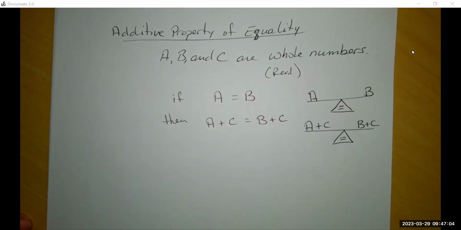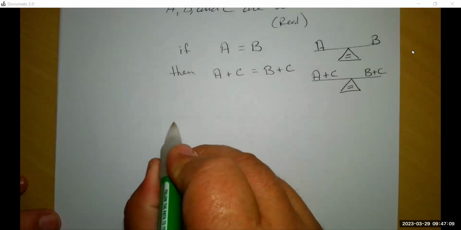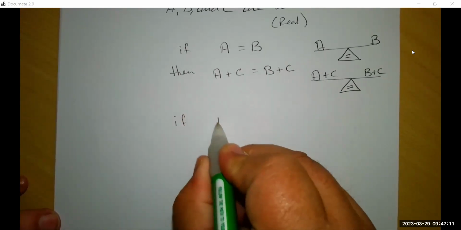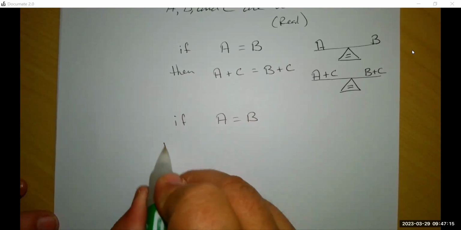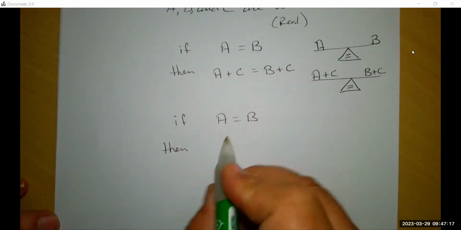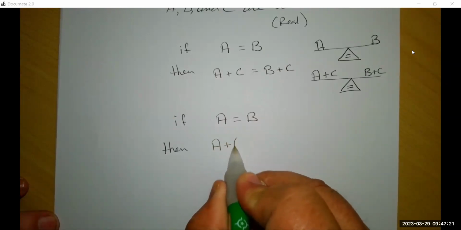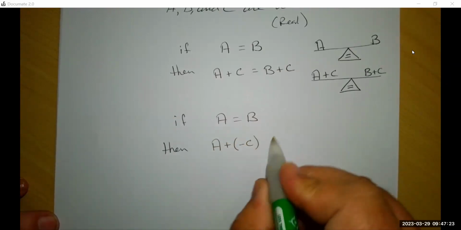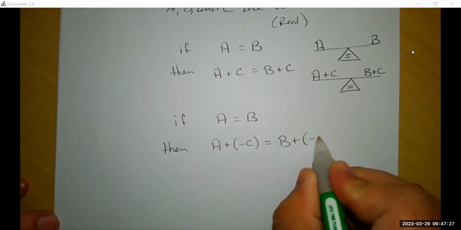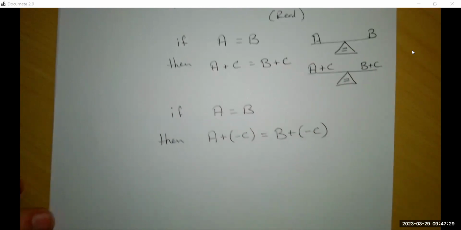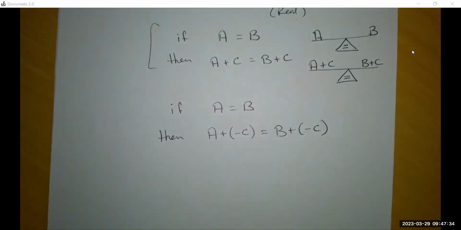Does it work with subtraction? Yes. If A equals B, then A plus a negative C equals B plus a negative C. Because if the top one's true, the next one has to be true.